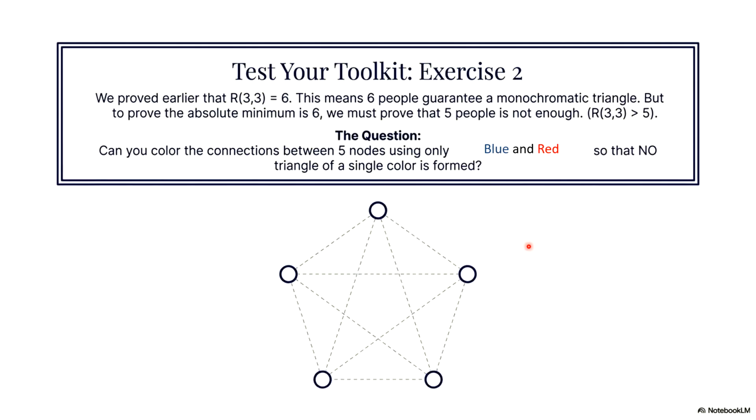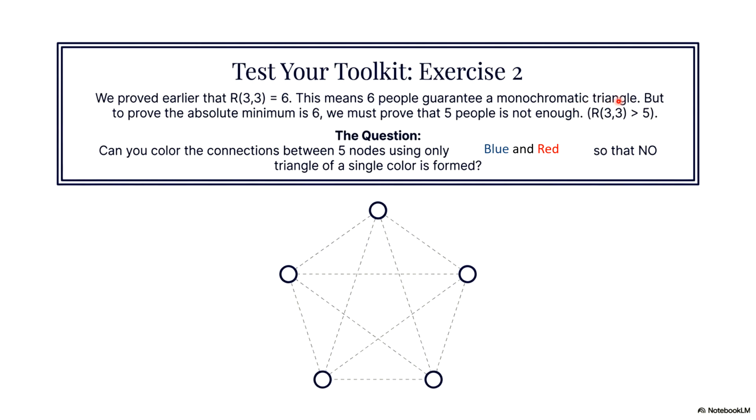This one actually completes the solution to the party problem. What we showed was that if you have 6 vertices, you're guaranteed of having either 3 red or 3 blue edges. The question is, could that be guaranteed with say only 5 vertices? And that's what the problem is here. So I'll just read what I have here, or what Notebook LM has here. We proved earlier that R33 equals 6. This means 6 people guarantee a monochromatic triangle.